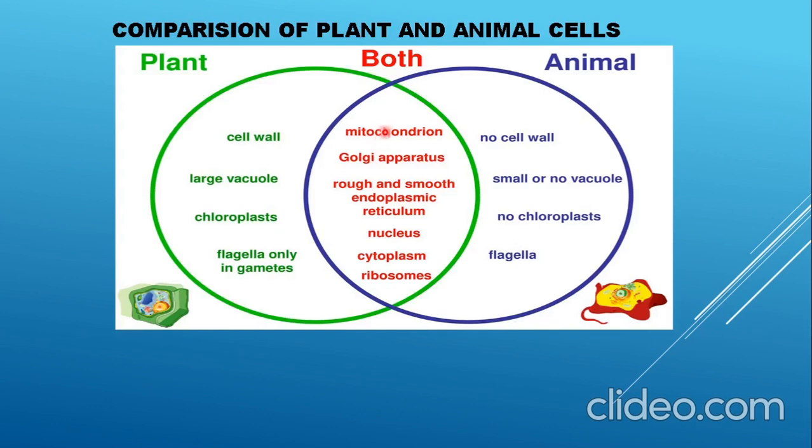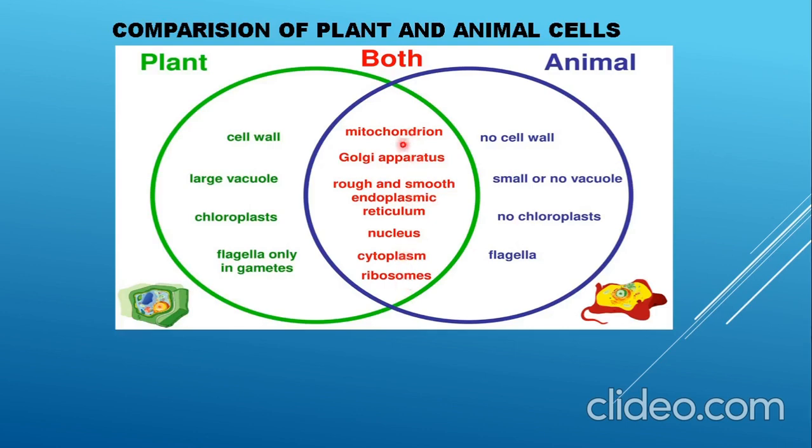The common features are presence of mitochondria, that is the energy yielding cell organelle, Golgi apparatus, the cell organelle which helps in packaging of proteins and lipids, rough and smooth endoplasmic reticulum, which helps in formation and transport of substances, then nucleus, which contains the genetic material, the hereditary material, then the cytoplasm, the gel-like fluid which fills the cell, and ribosomes, the protein factories of the cell.